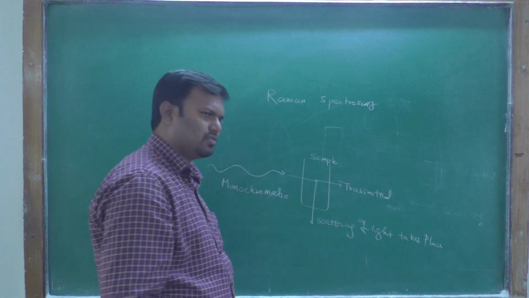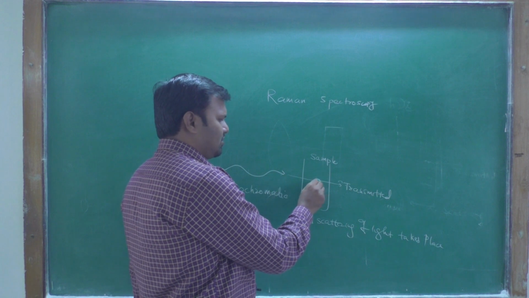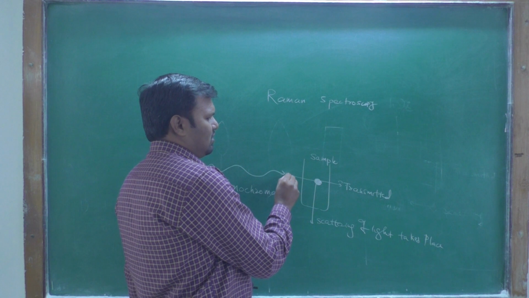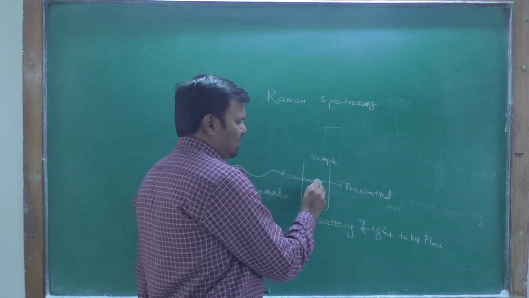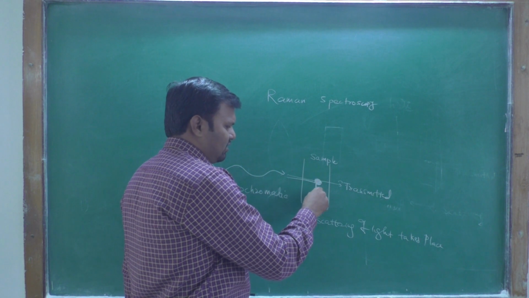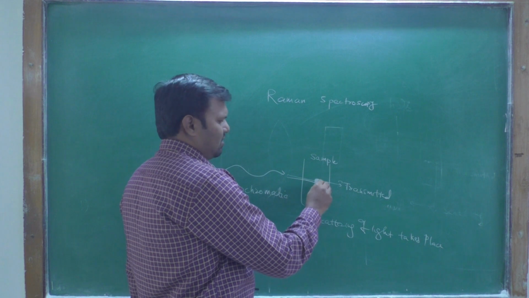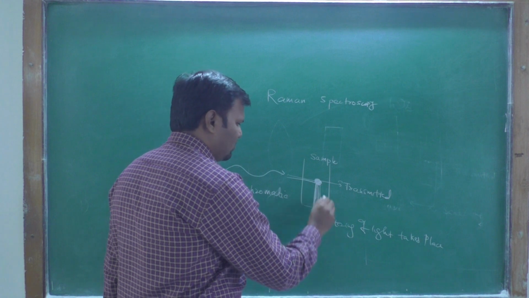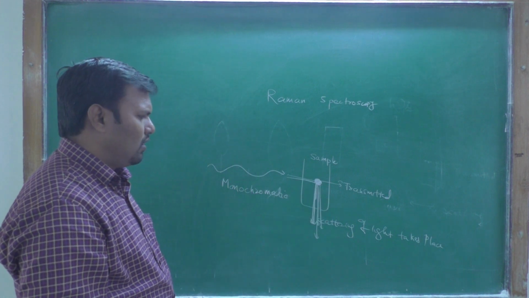Scattering means when light strikes a molecule or a substance, at some angles it will scatter. A number of scattering events are observed.